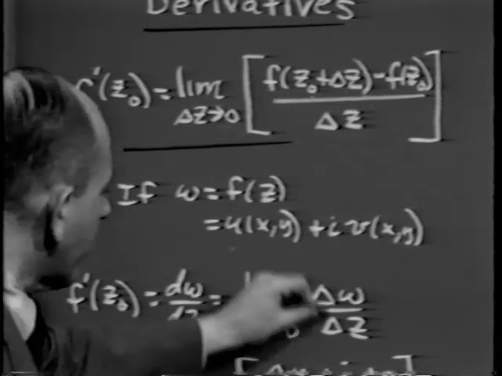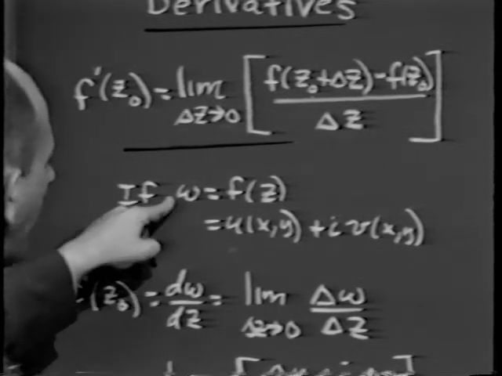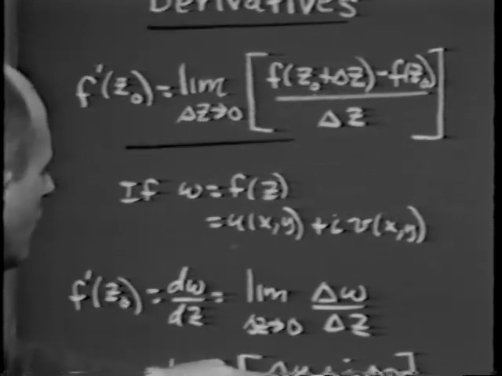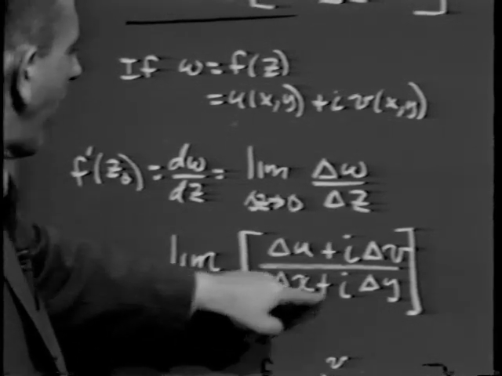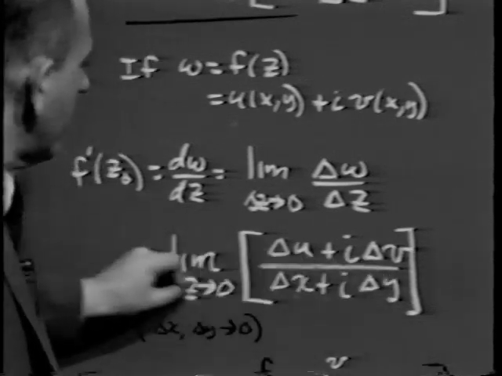And by the way, to help you see that hopefully a little bit more clearly, delta w involves a change in u and a change in v, so delta w would be delta u plus i delta v. Delta z, by definition, is delta x plus i delta y. So computing the derivative involves computing this limit.